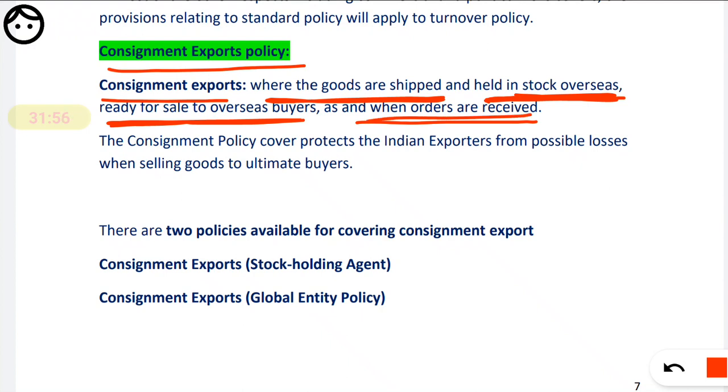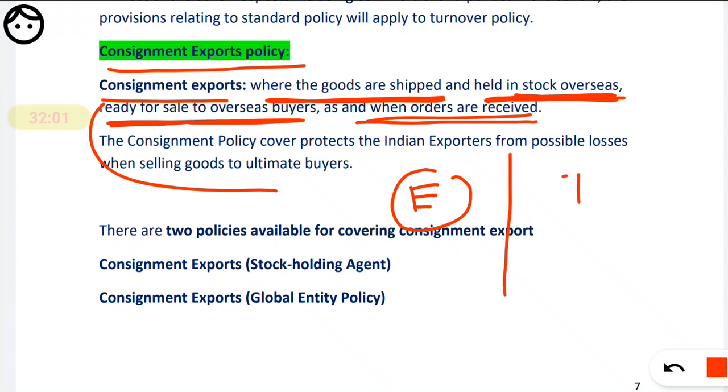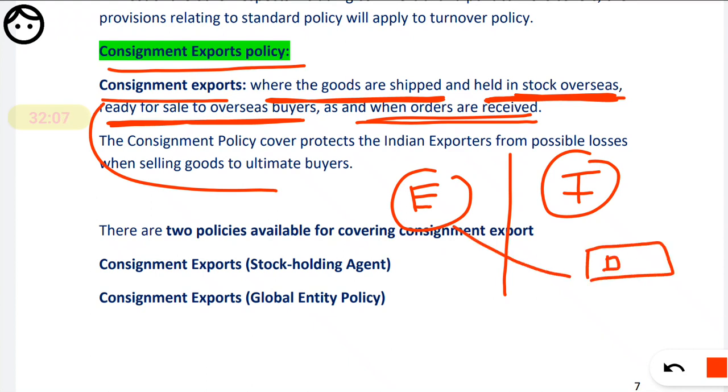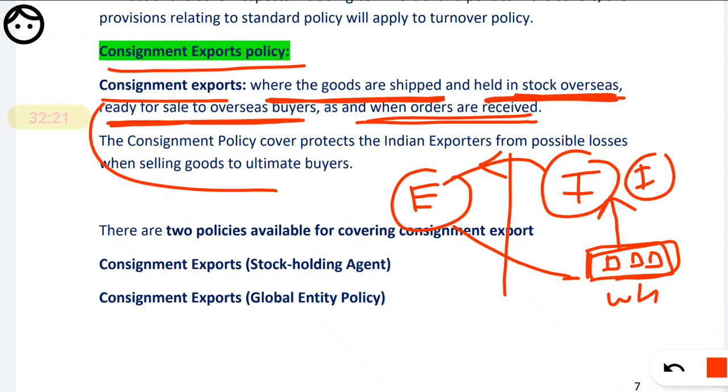Suppose there is an exporter in one country and an importer in another country. The exporter will ship the goods to the importing country and place them in a warehouse. If an order is received from the importer, he will immediately dispatch from the warehouse to the importer. So there is a pre-arrangement, where goods are already shipped, and that is called the consignment export.